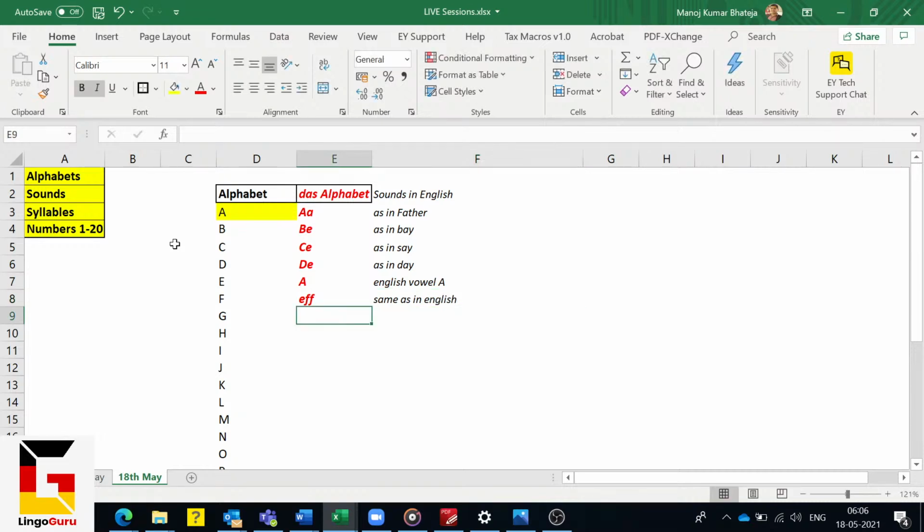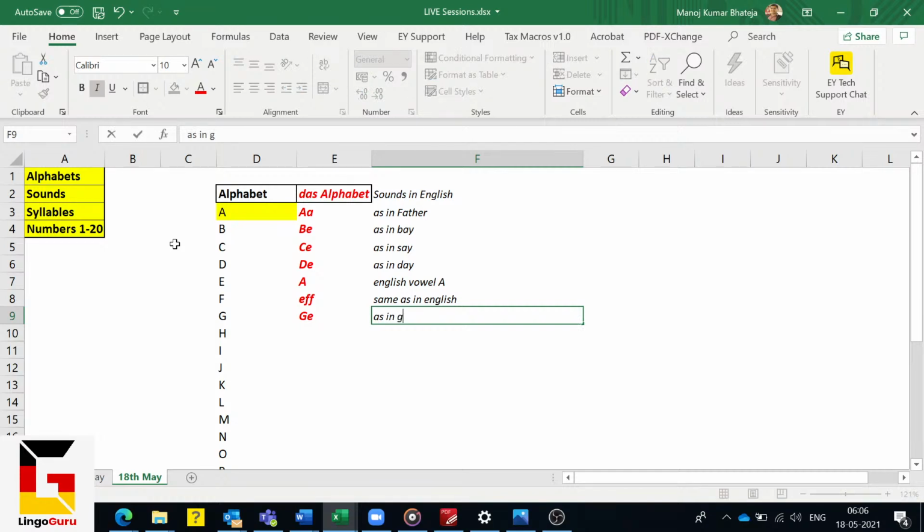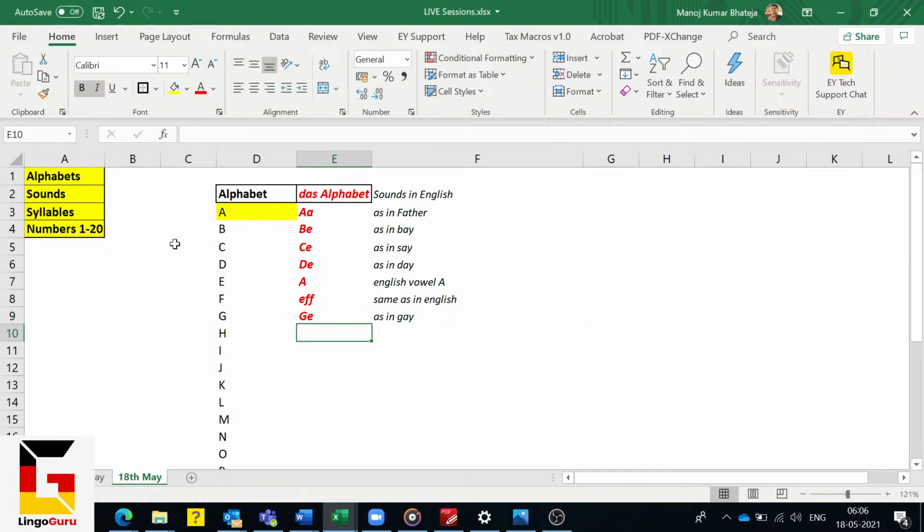This is G, as in gay. Okay, that's my second vowel. A, B, C, D, A, F, G. Now this one again I'm saying we never pronounce it as E. It is always going to be pronounced as English A.